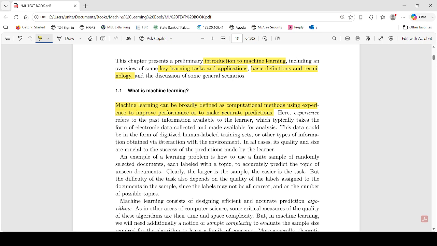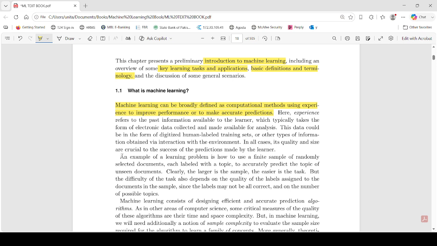This data could be in the form of digitized human-labeled training sets or other types of information obtained via interaction with the environment. In all cases, its quality and size are crucial to the success of the predictions made by the learner.